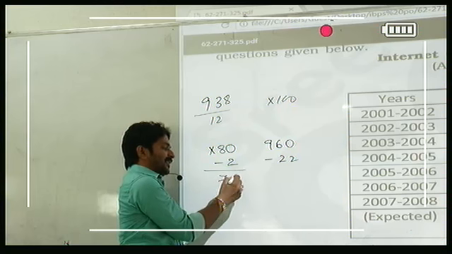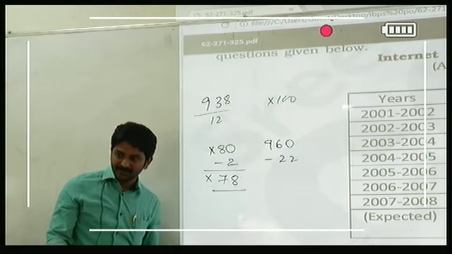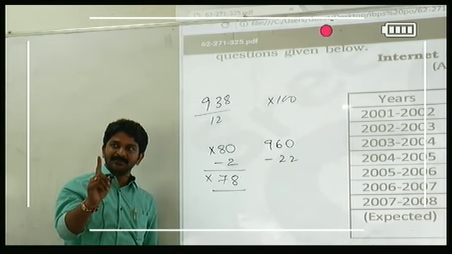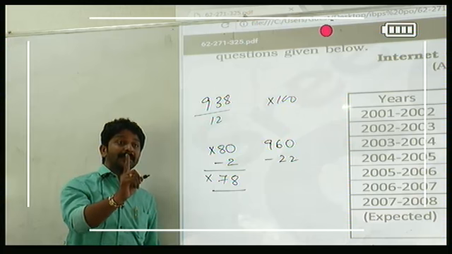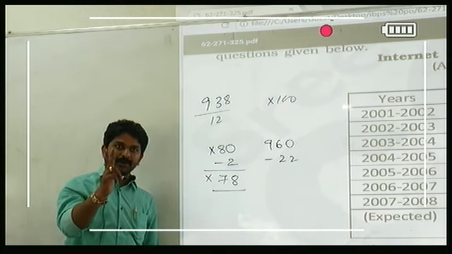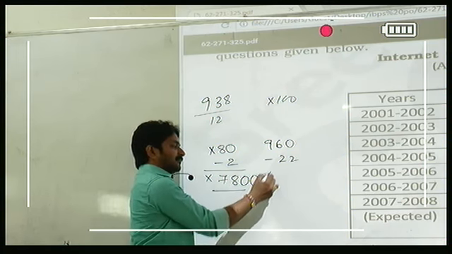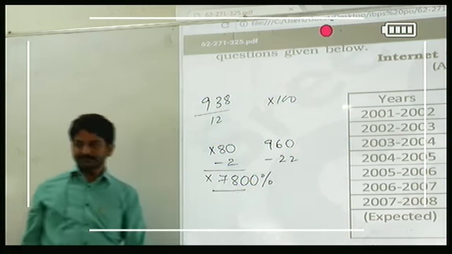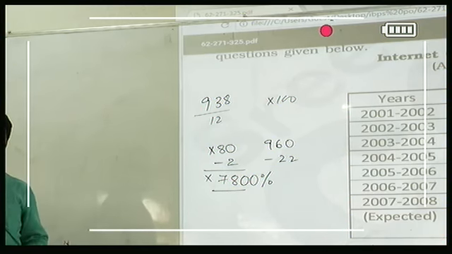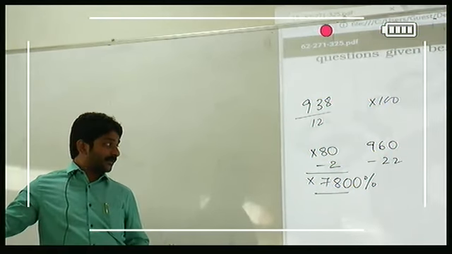So that will be 78 times. 1 time in the sense 100%, 2 times 200%, 3 times 300%. 78 times is 7,800%. Approximately 8,000.